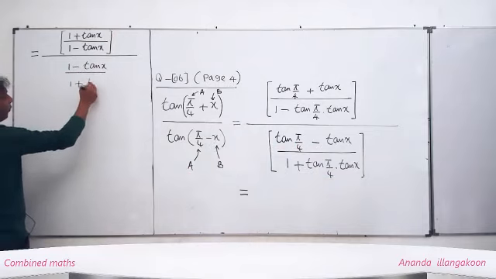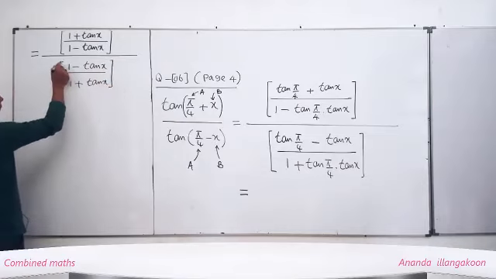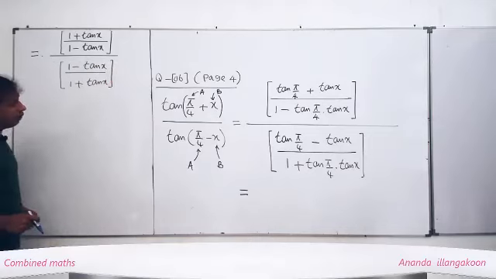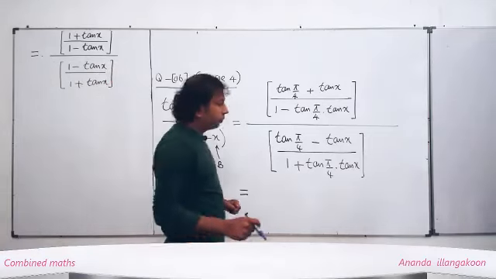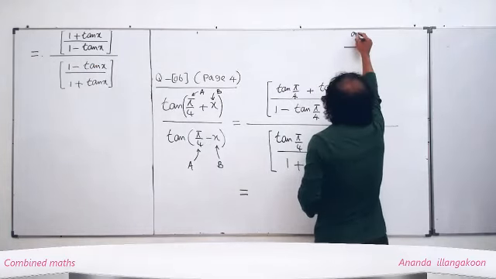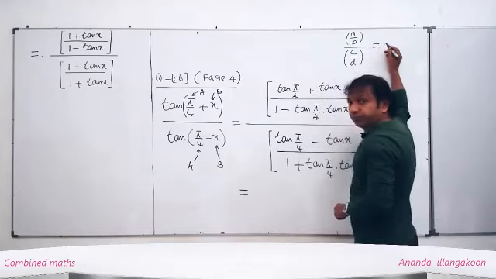Right, this is what we get. People, can you remember? We, of course, know a simplification. If we have something like this, A upon B, whole thing divided by C by D, can you remember the way of getting the answer?